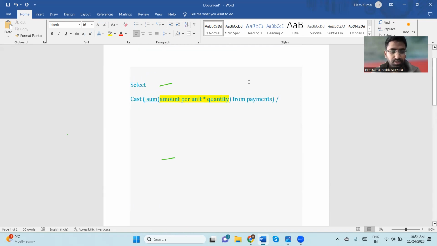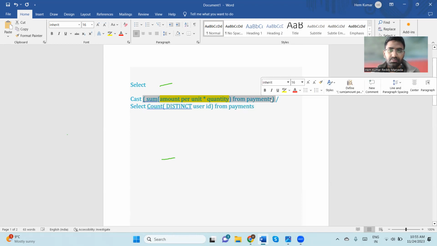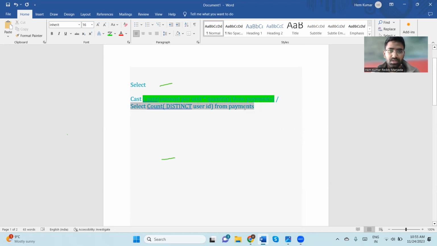For that, select count of distinct user ID from payment table. So this is the numerator, I'll keep it in green, and this is the denominator.